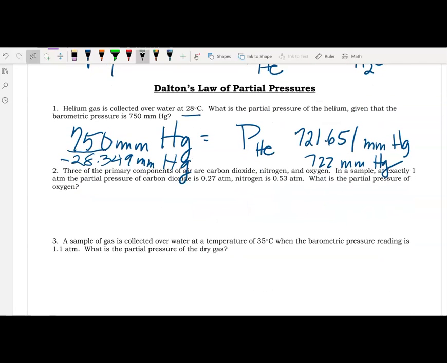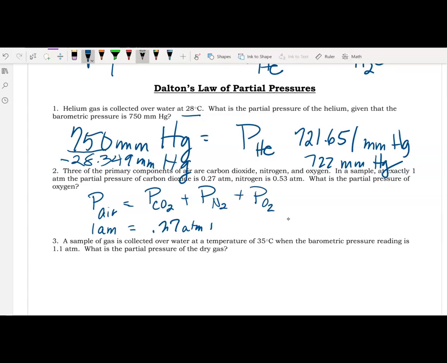The primary components of air are carbon dioxide, nitrogen, and oxygen. So we have pressure of air is equal to the pressure of carbon dioxide plus the pressure of nitrogen plus the pressure of oxygen. In a sample at exactly 1 atm, that is the pressure of the air, the partial pressure of carbon dioxide is 0.27 atm.